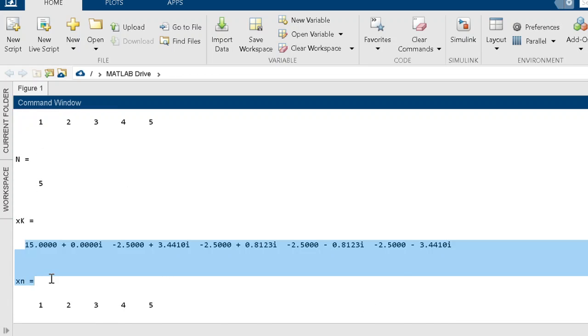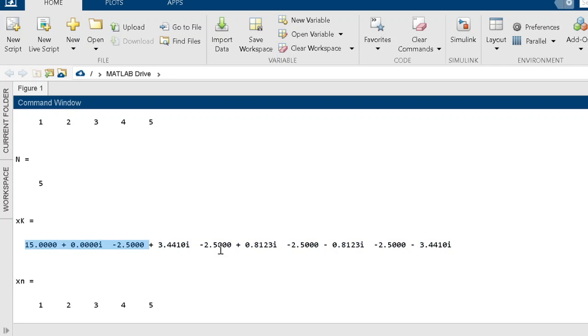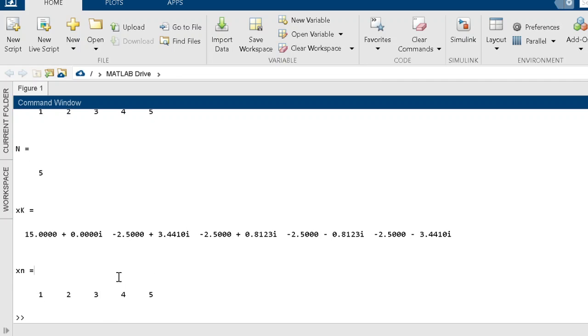The XK is the FFT, which has obviously 5 points. This is the first one, second one, the third one, the fourth one, and the fifth one. And then the XN would be 1, 2, 3, 4, and 5.